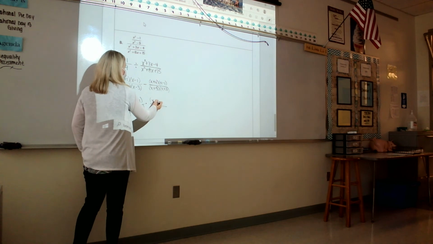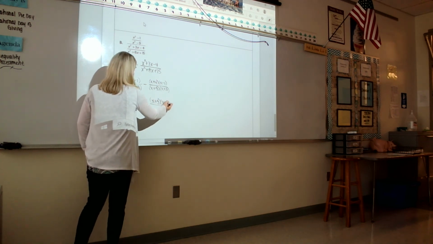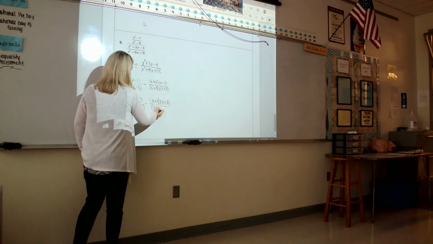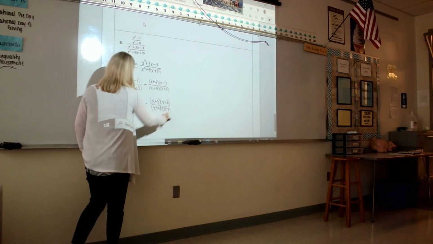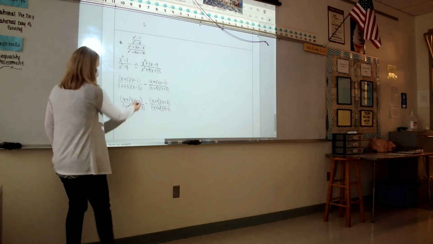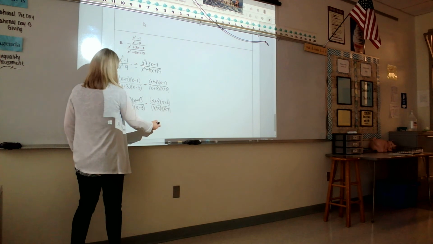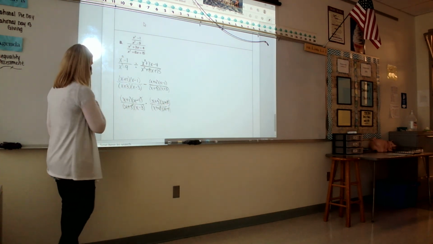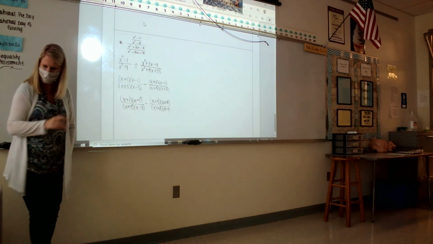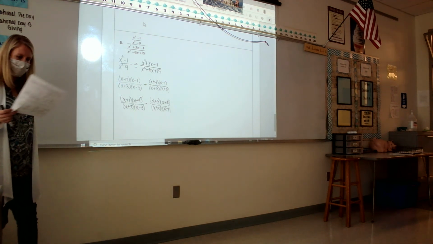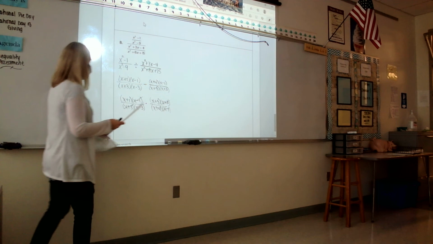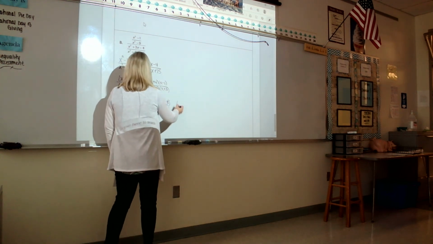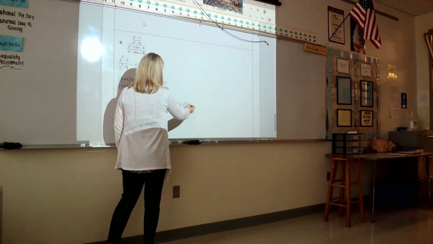I need to change that to multiplication and flip it. Okay, so when I start, those would cancel. These would cancel. Is that it? Yeah. That's it. So my final answer would be x plus 1, x plus 5.